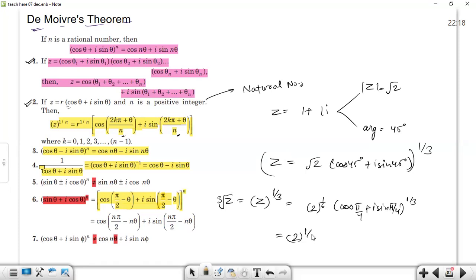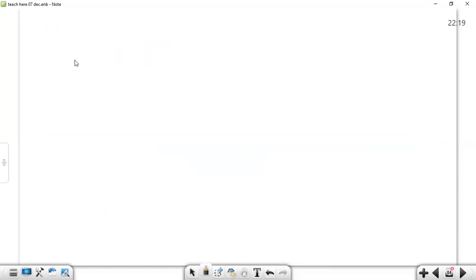Now using De Moivre's theorem, we can write cos of pi by 4 multiplied by 1 by 3 plus iota sine of pi by 4 multiplied by 1 by 3. So this becomes 2 raised to power 1 by 6 times (cos of pi by 12 plus iota sine of pi by 12). So this is our cube root of z. Now what is pi by 12?